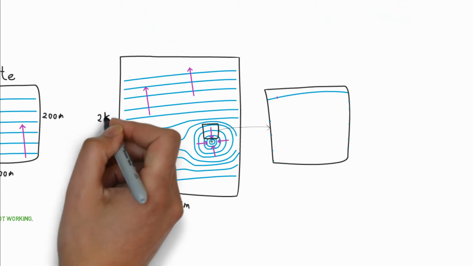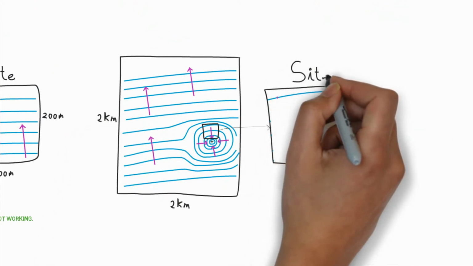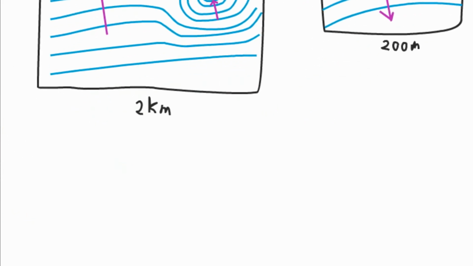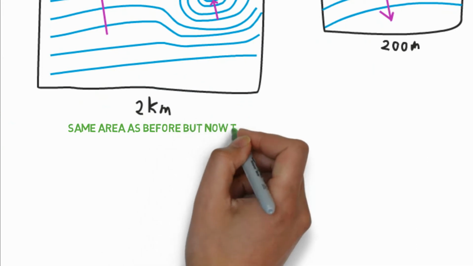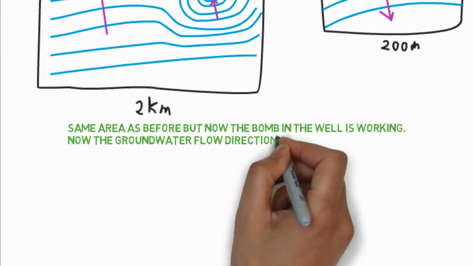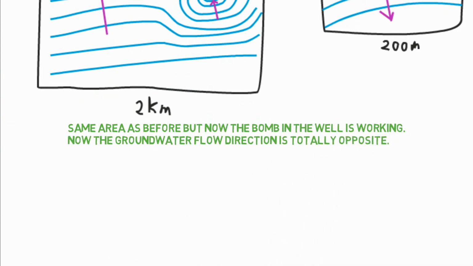This is the same site, different scenario. Same area as before, but now the pump inside the well is working. Now the groundwater flow direction is totally opposite.